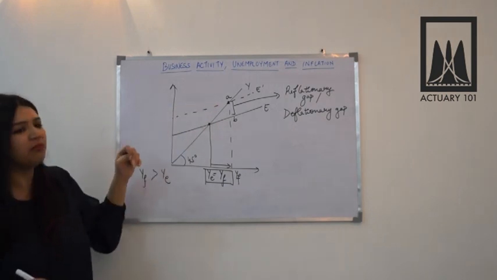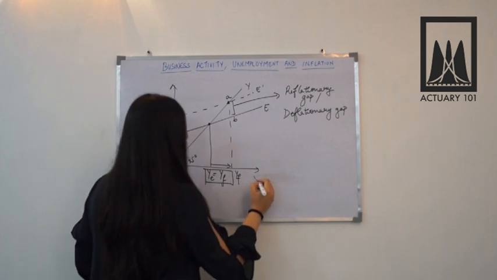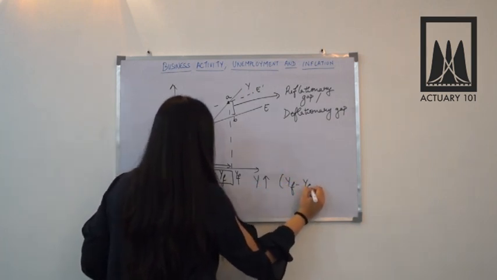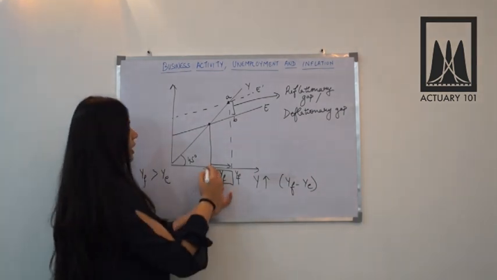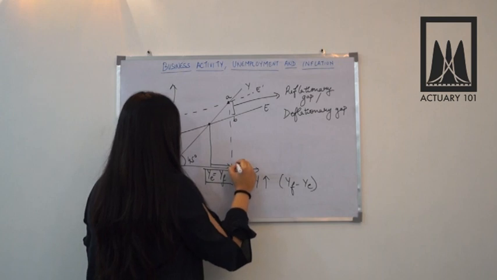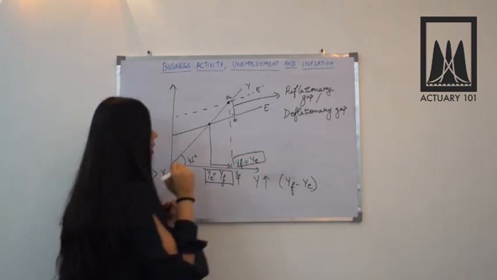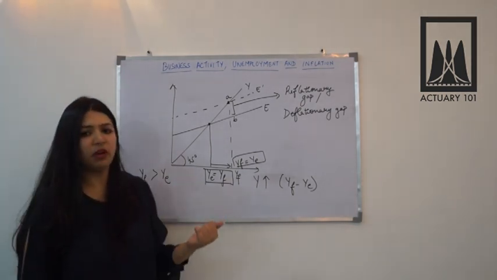So the national income will be in equilibrium at this point, and this means that the national income is increasing by the gap YF minus YE. So whatever was remaining over here is going to increase, and thus YF is again going to be equal to YE, making it at the full employment level and the equilibrium level of national income.